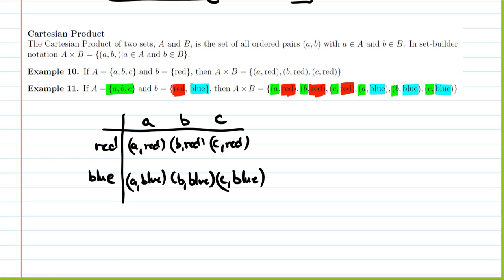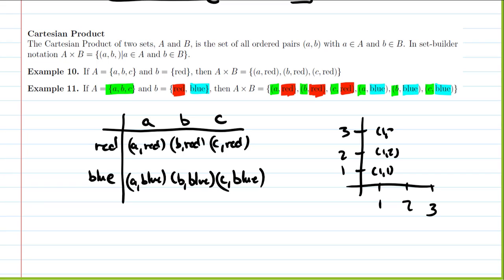So we're just listing all possible ordered pairs, which looks an awful lot like if you did 1, 2, 3, and 1, 2, 3. What's this point? 1, 1; 1, 2; 1, 3; 2, 1; 2, 2; 2, 3; 3, 1; 3, 2; 3, 3, right?